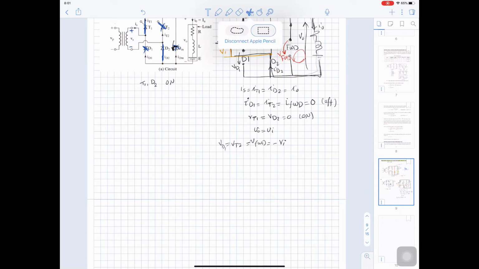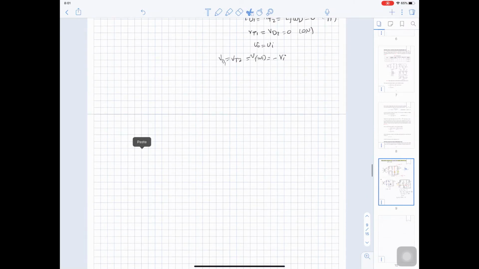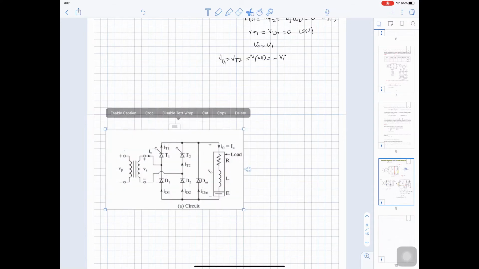The second option or the second situation we have is when you have a negative supply and you are firing thyristor 2.